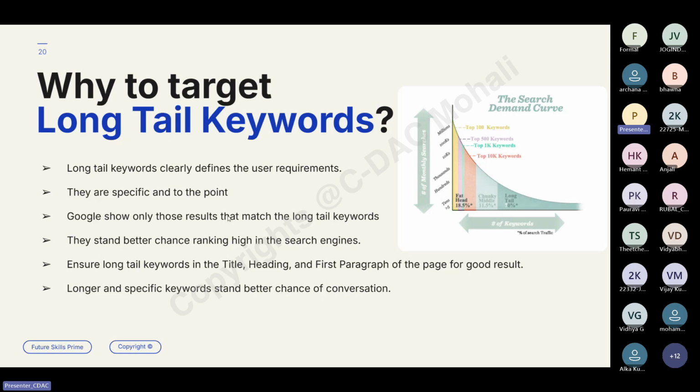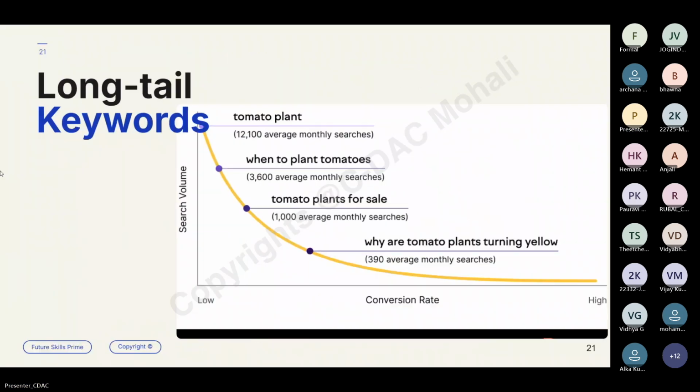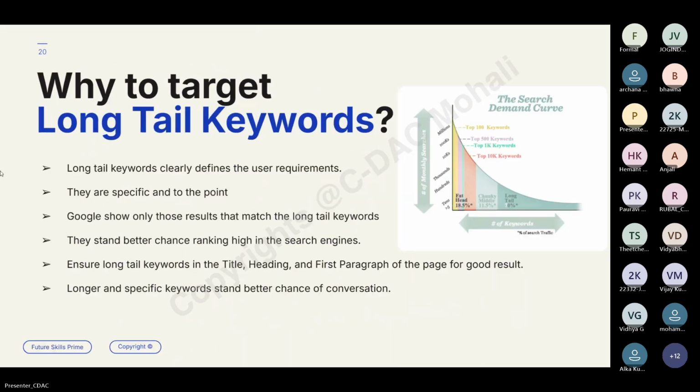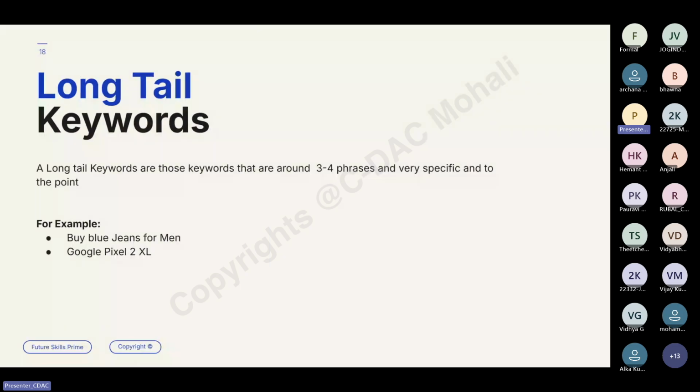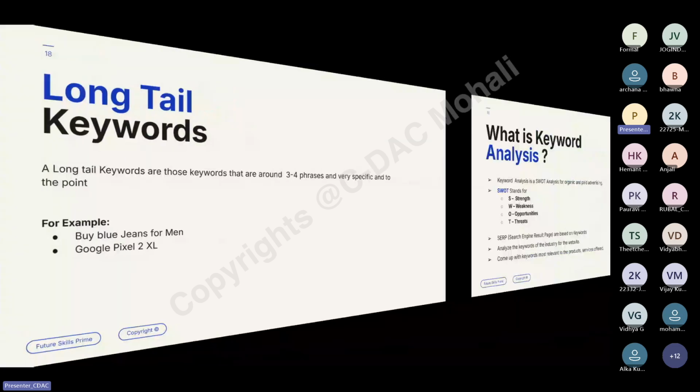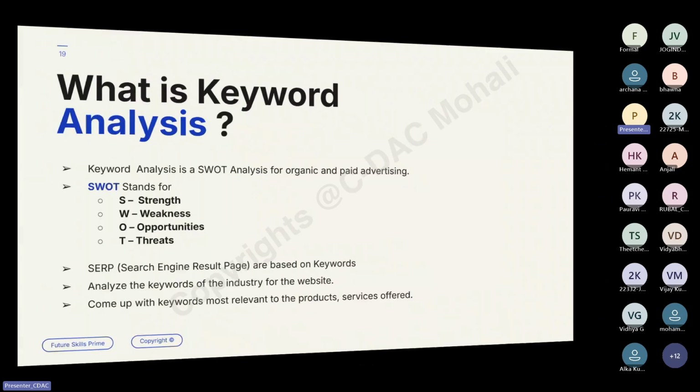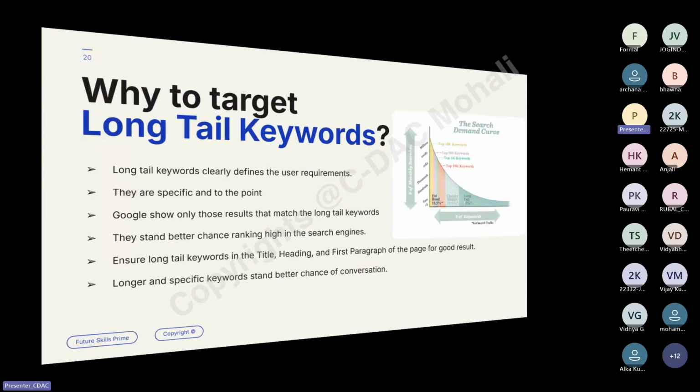As I showed you in the previous example, buy blue jeans for men explains the exact meaning or exact search query of the user: what the user wants and what they are searching for. So these types of keywords are very useful.